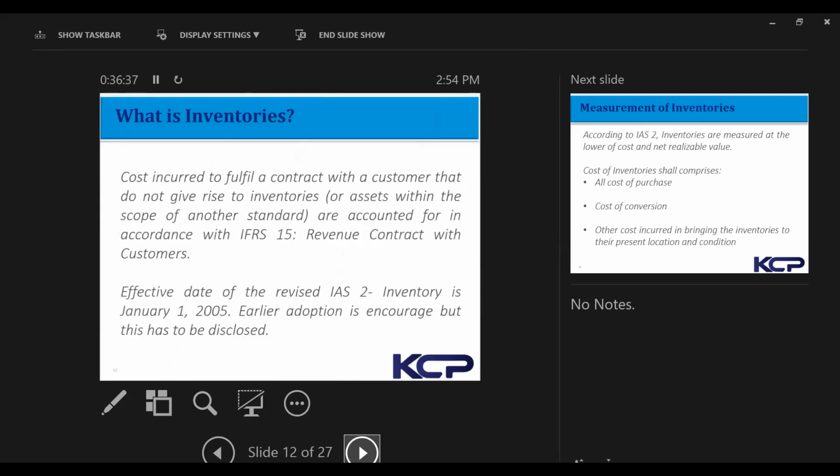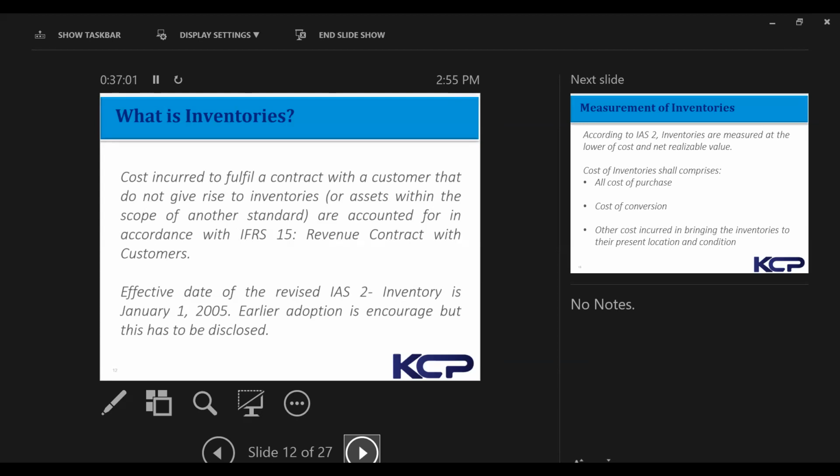Okay, still under what an inventory is: costs incurred to fulfill a contract with a customer that do not give rise to inventories or assets within the scope of another standard are accounted for in accordance with IFRS 15.